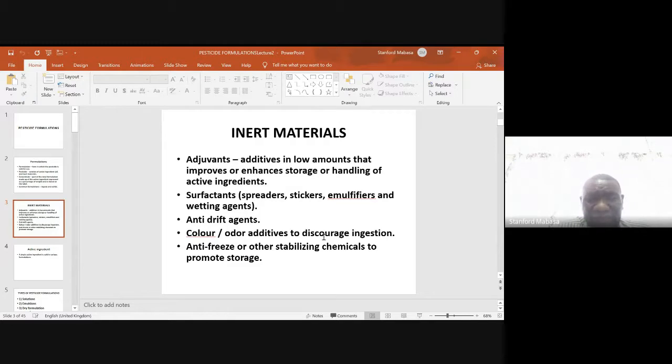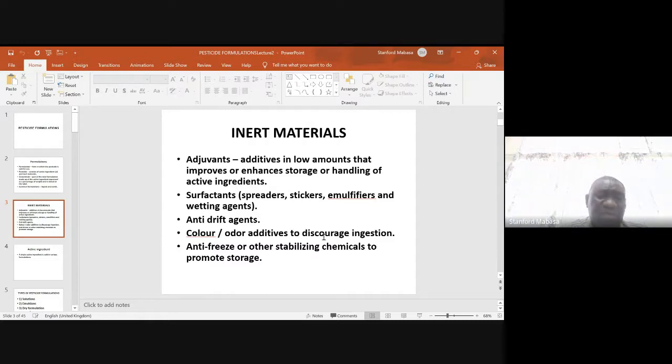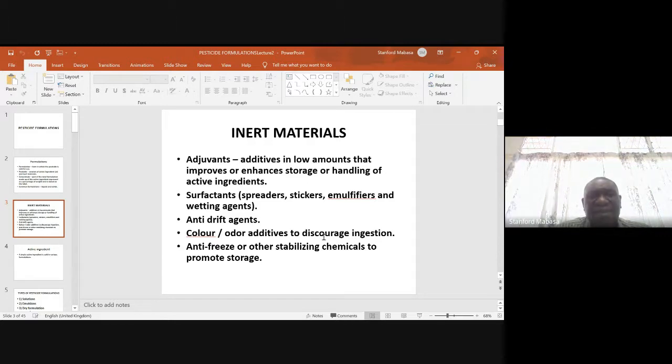You can have a pesticide mixed with anti-drift agents. That is self-explanatory. Some agents can stop drift.